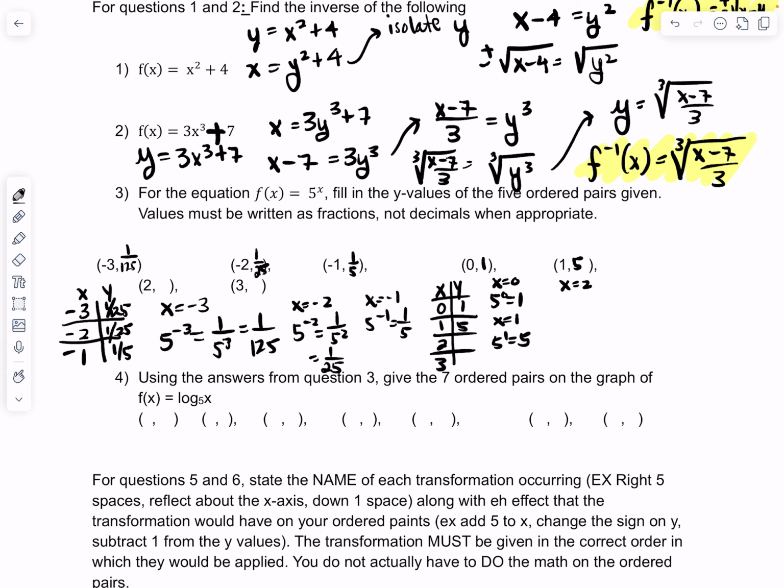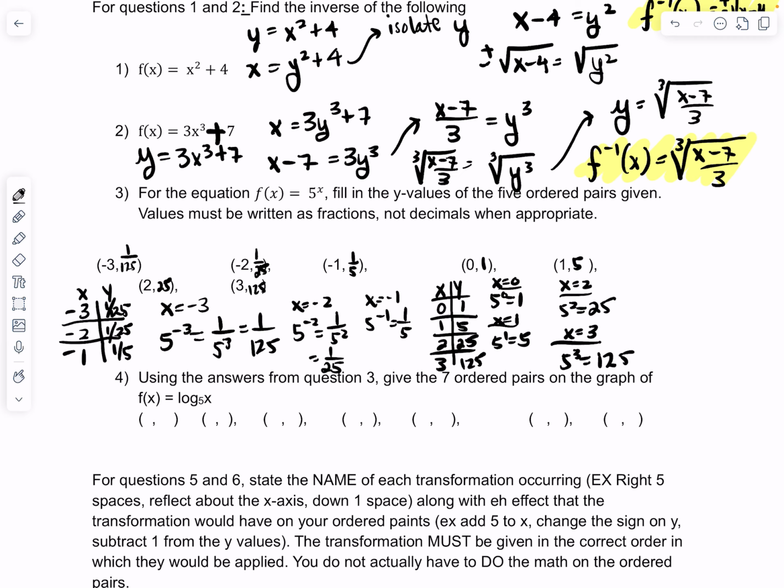X equals 2. 5 to the second equals 25. So 2, 25. And then finally, x equals 3. 5 to the third equals 125. So that is going to be 3, 125. Okay, so those are my ordered pairs.